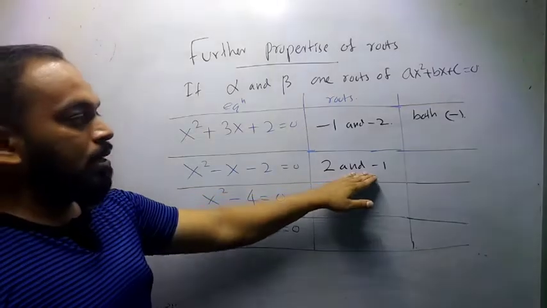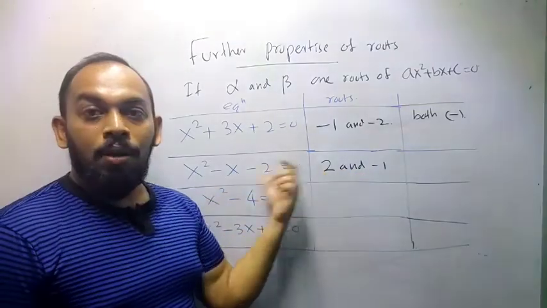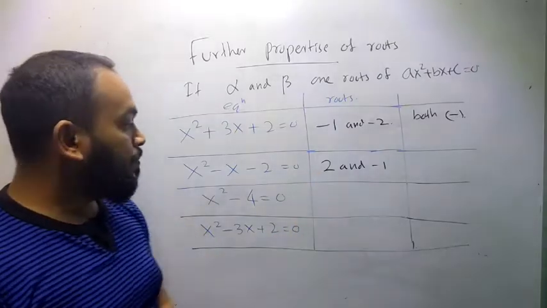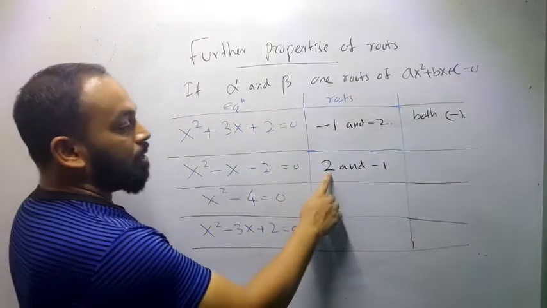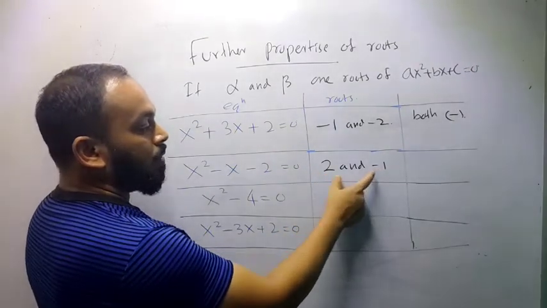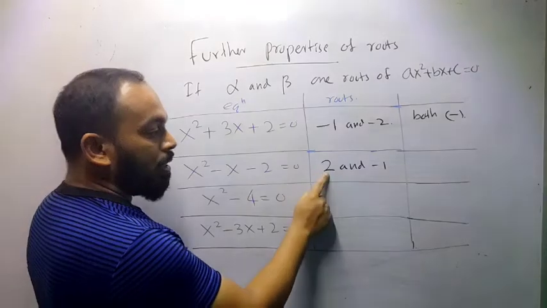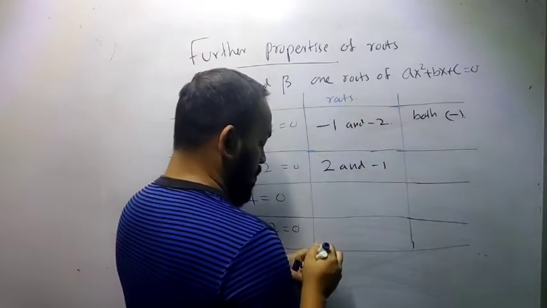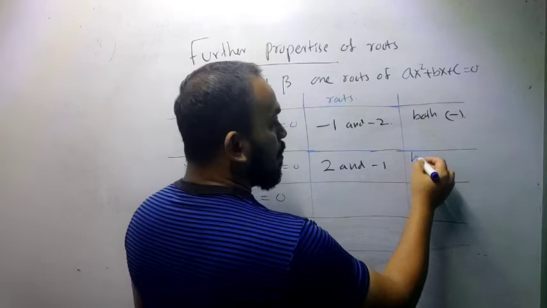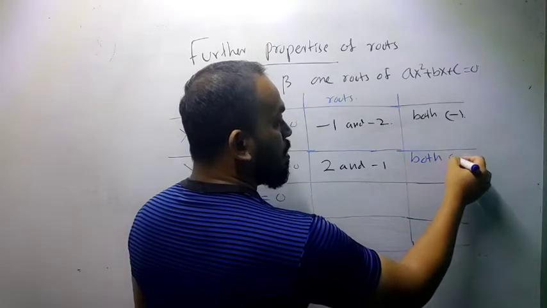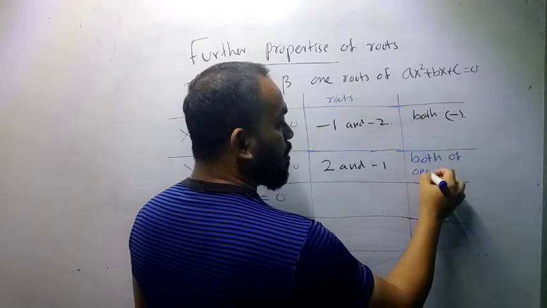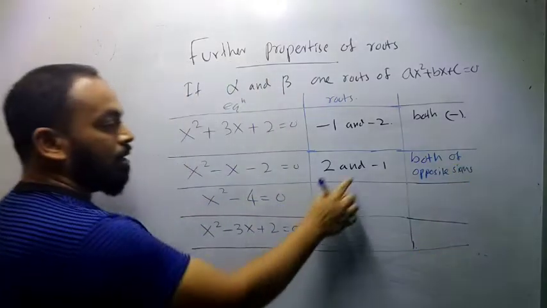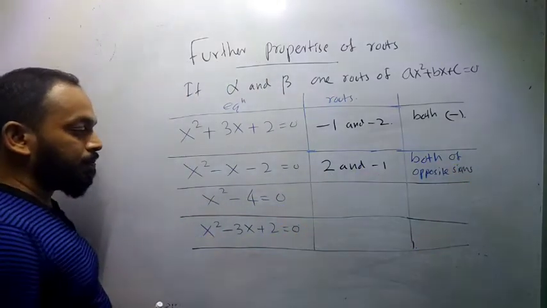When the quadratic equation is different, roots will also change. This is 2 and this is minus 1, two different roots, one is positive, the other one is negative. So both are of opposite signs.